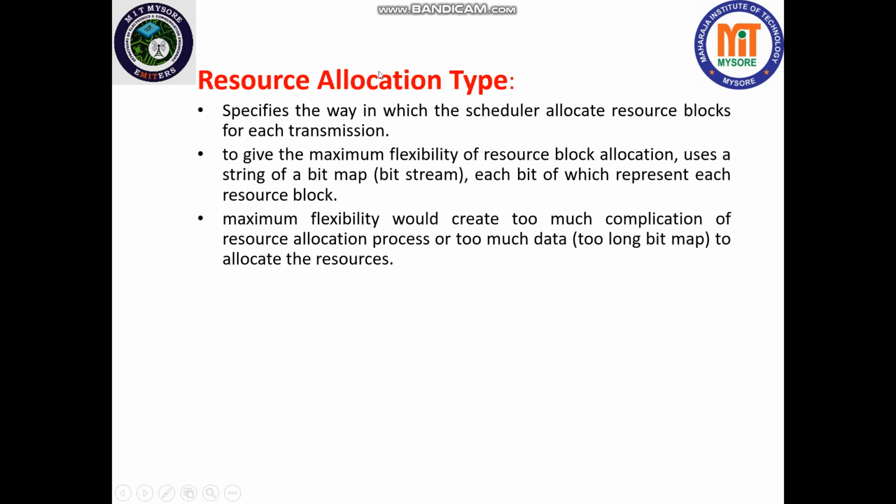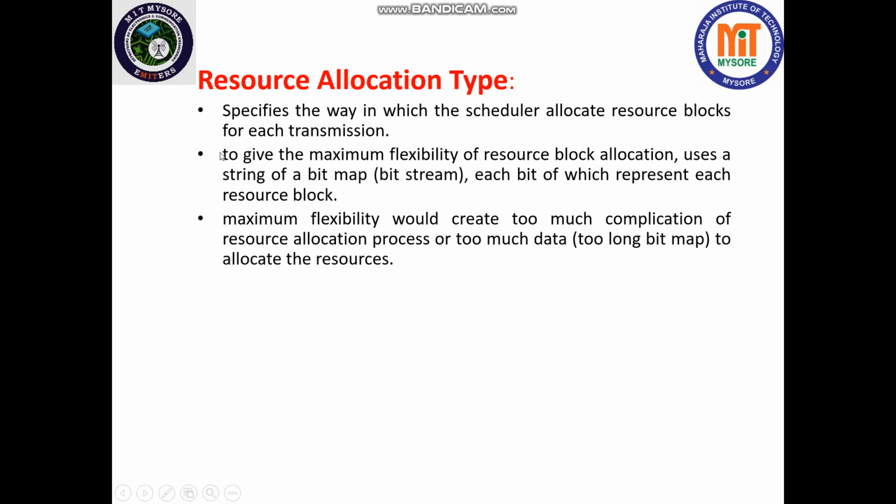Now, resource allocation types. We now know what resource allocation is: dynamically allocating the physical resource blocks to a particular user. There are different types in the resource allocation, and it specifies the way in which the scheduler allocates resource blocks for each transmission.